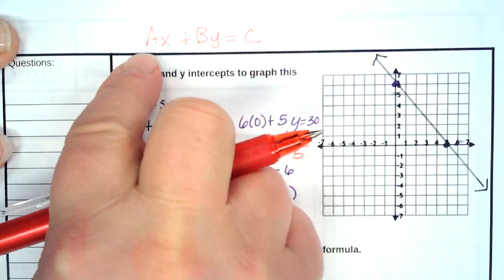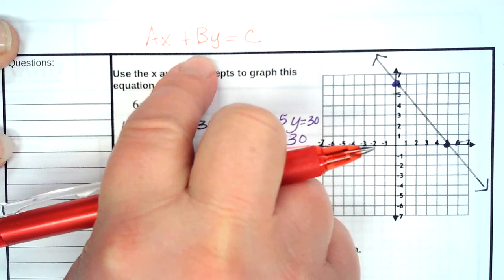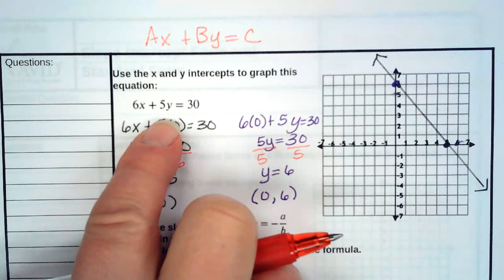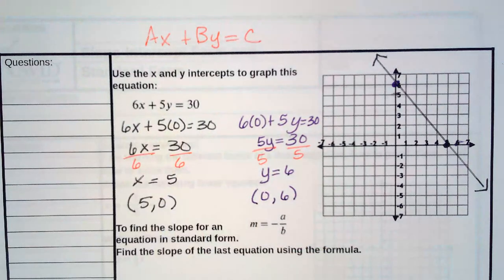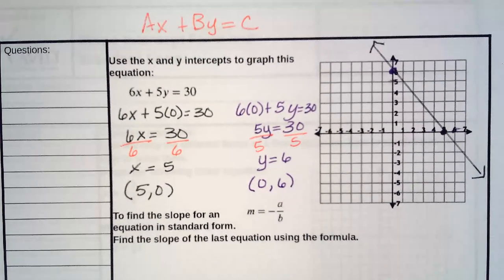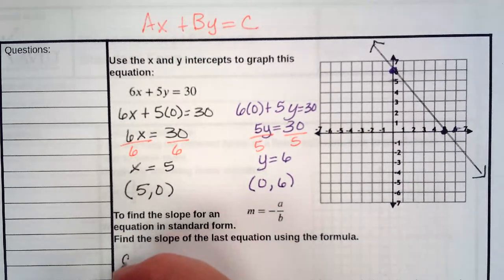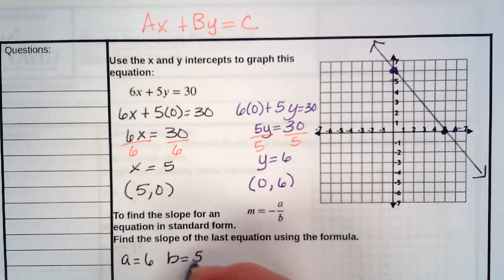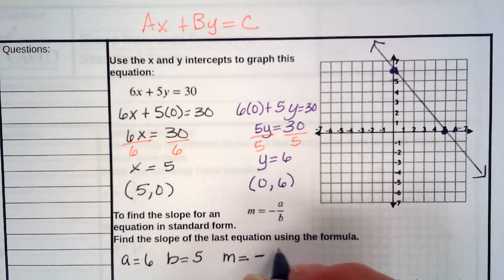So you're looking at the coefficient of x and the coefficient of y. If you're looking down here, we know that a is 6, b is 5, so my slope would be the opposite of 6 divided by 5.